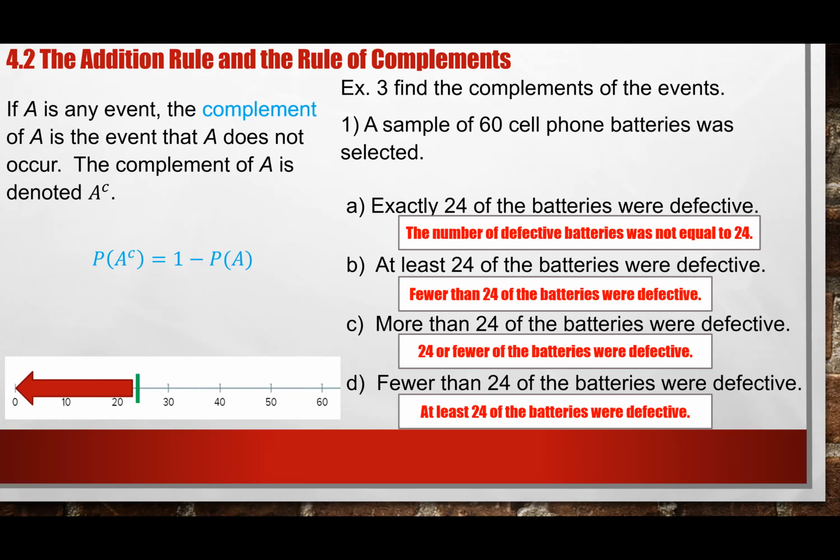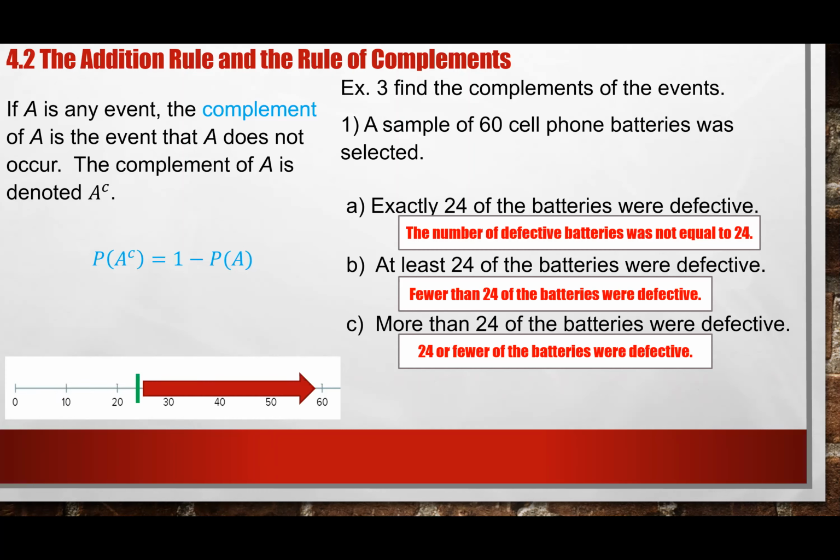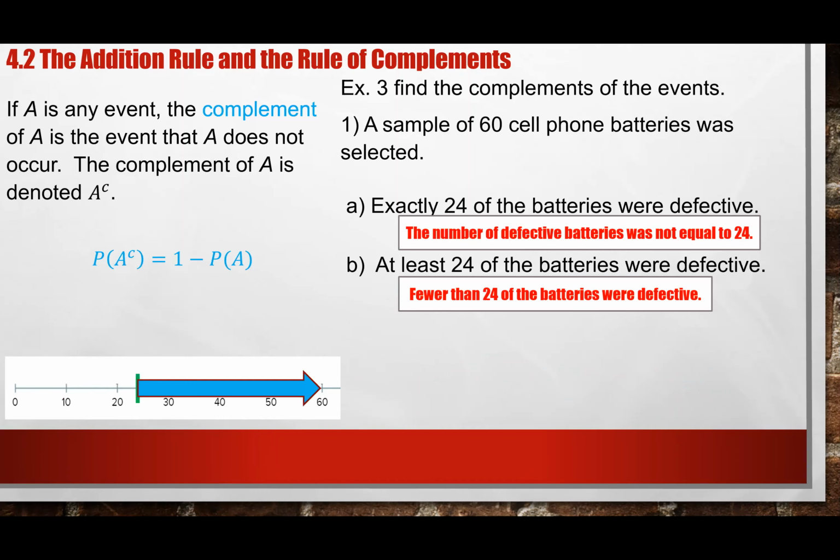And then for B, you said fewer than 24. At least 24 means you include the 24. You include the 24 and up. Let's say at least 21 to enter the casino, meaning you have to be 21 years old and up. 21, 22, and so on, it's not just 21.